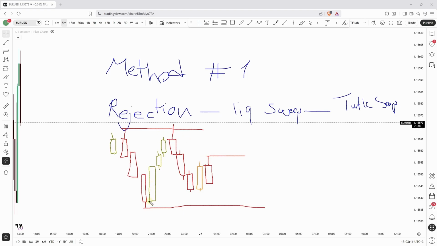Within a move, a correction has occurred, and also a liquidity. With this candle, it comes and sweeps this again, and I can analyze that. Now the price wants to move upward again.